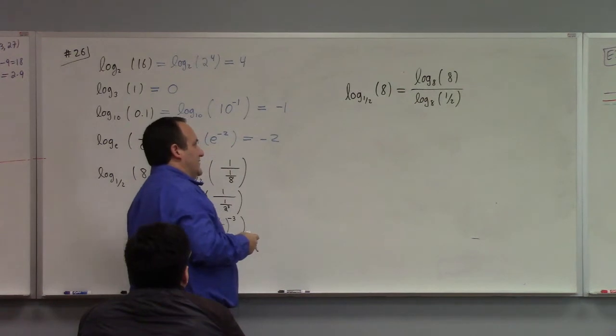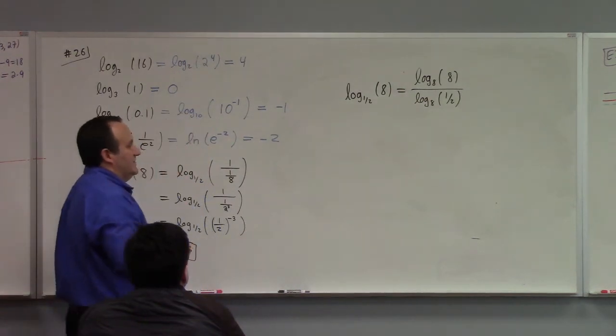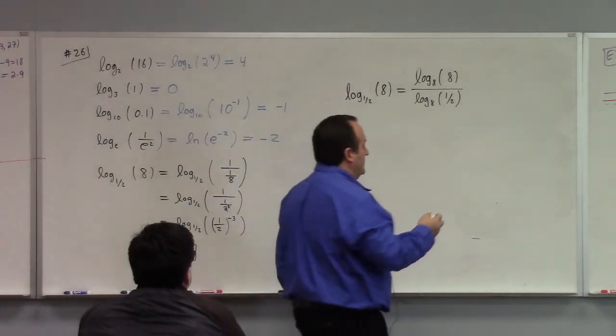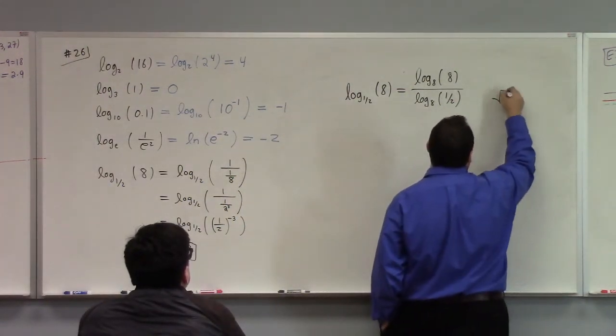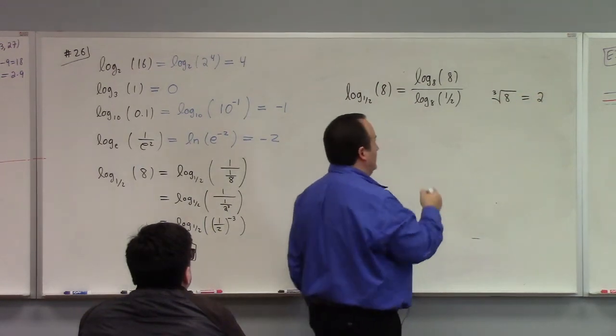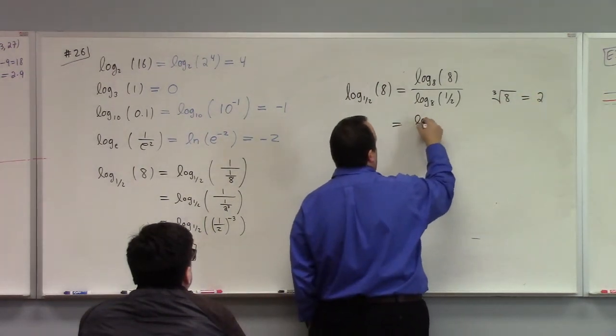Oh, I guess that really wasn't much help, was it? Because I still don't have a nice, well, what is 1/2 relative to 8? I mean, the cube root of 8 is 2, right?